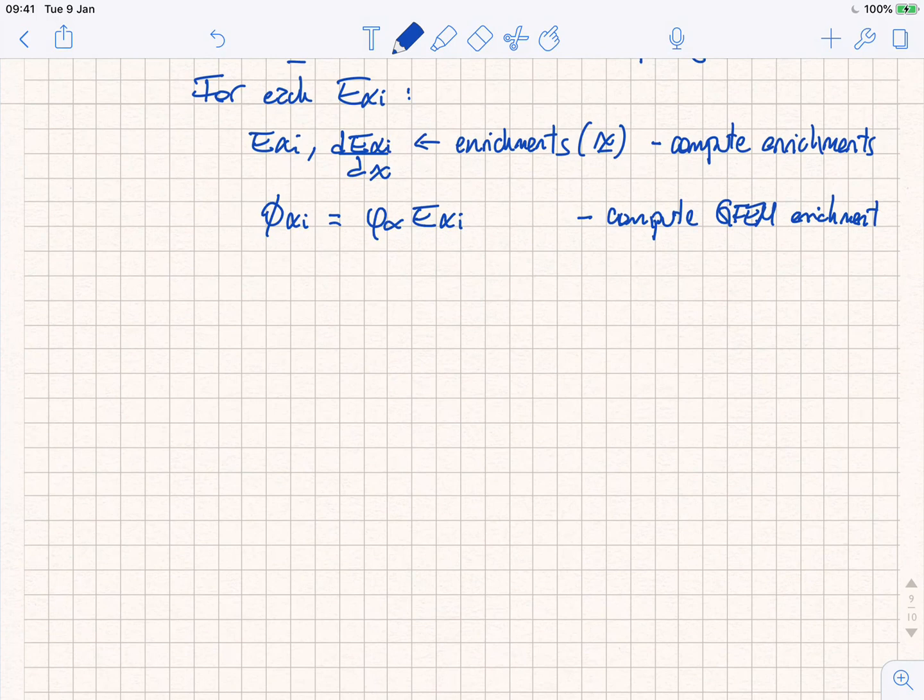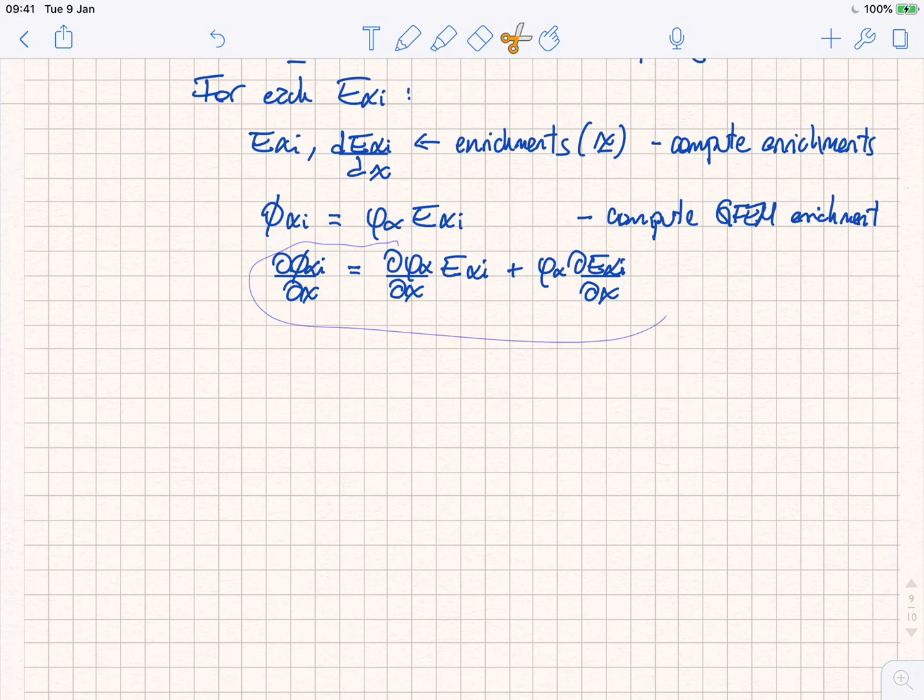The derivative of that function with respect to x, and now we are applying the chain rule. The same thing we did above applies here. So we have the derivative of phi alpha with respect to x times E alpha I, plus phi alpha times the derivative of E alpha I with respect to x, and the same for y.